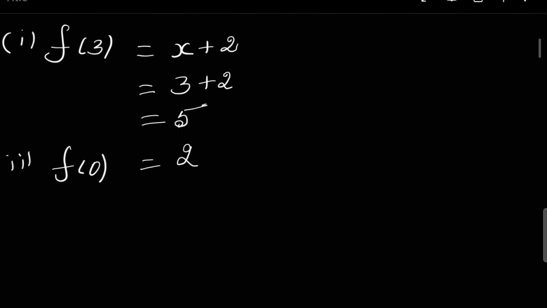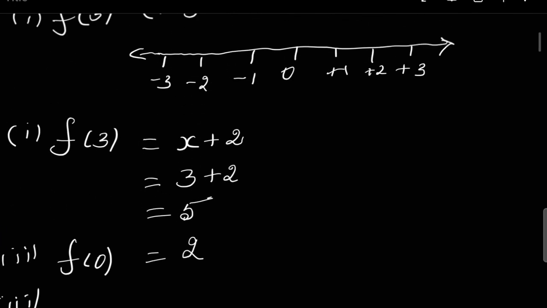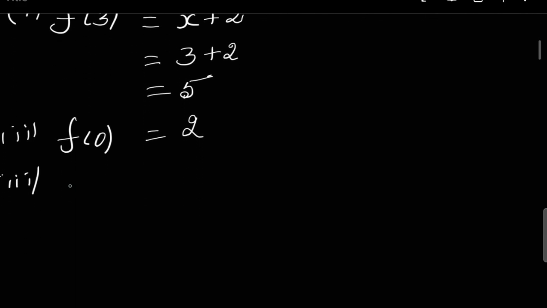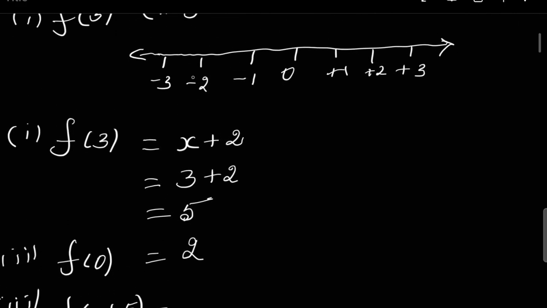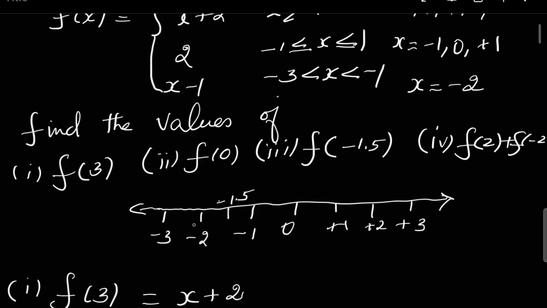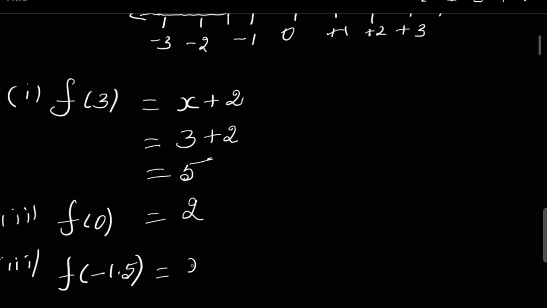Third question, f of minus 1.5. Minus 1.5 is a decimal value. Where does this minus 1.5 come? Between minus 1 and minus 2 you will get this value, minus 1.5. Actually, this lies between minus 3 and minus 1, so you are supposed to take the third function, x minus 1.